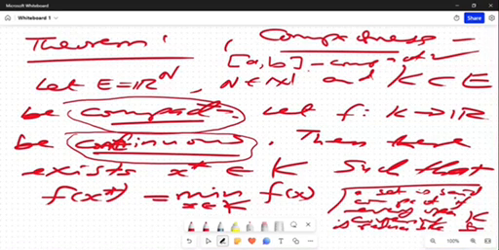This is the first theory that was obtained for getting a minimizer. But due to the fact that in practice these conditions are tough, this condition compactness is tough, we begin to think of weakening them.